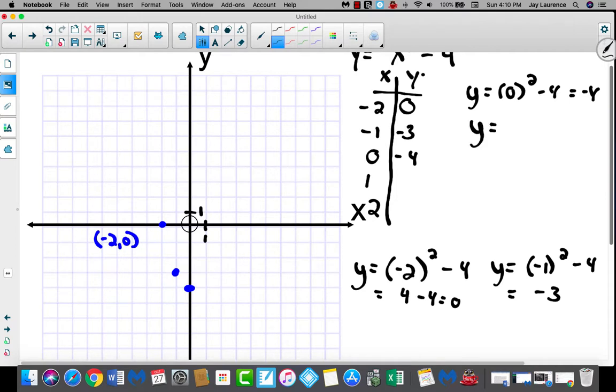I'm going to put 1 in, and I should get negative 3 out. Hopefully you can verify that. Okay, and then finally I've got to put 2 in, and I'll get 2 squared minus 4, and that would be 4 minus 4, which of course is 0. And so now I've got this perfect symmetry going on.